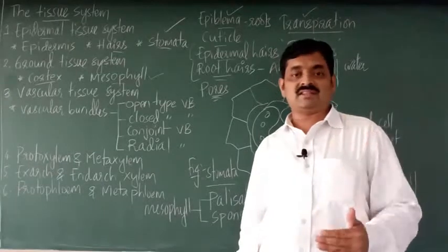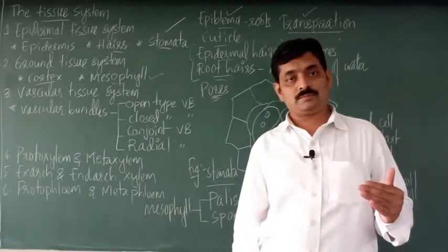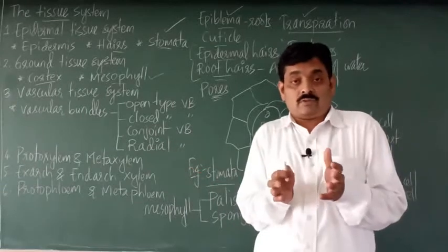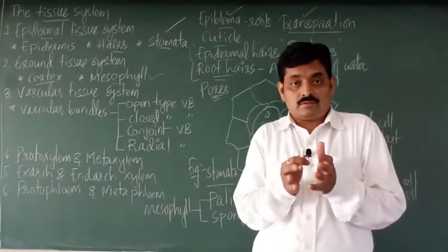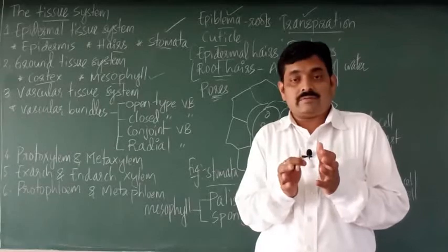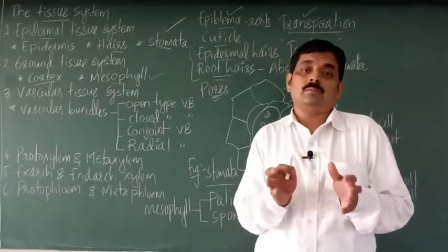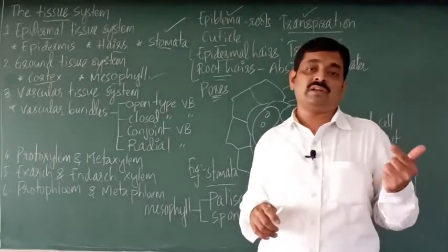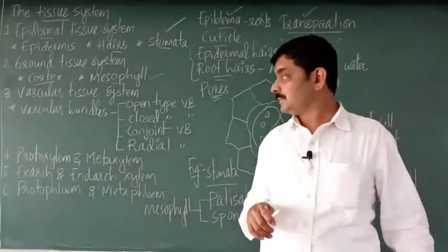When phloem and xylem are present together as a single unit, then it is called vascular bundle. So vascular bundle is a bundle of vascular tissues, mainly phloem and xylem.